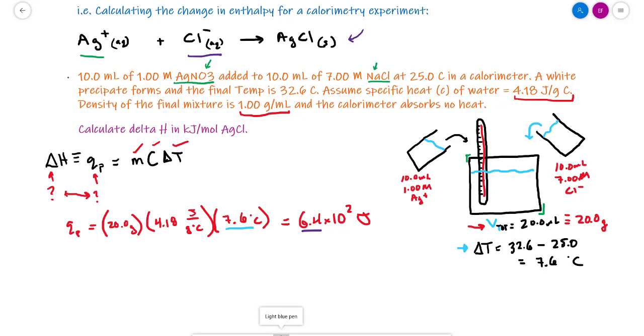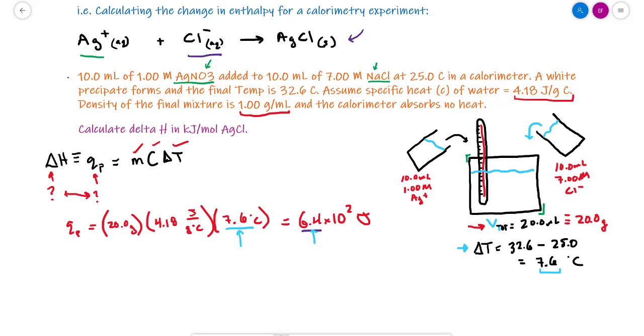I've updated that here. That's 7.6 as well. Remember, this is a subtraction step, so the sig fig rule is to preserve the least number of digits in the decimal place. In this case, it's 1. So that gives us only 2 total sig figs in this number, which means that we can only know this to 2 total sig figs as well. So this is the heat released in joules.